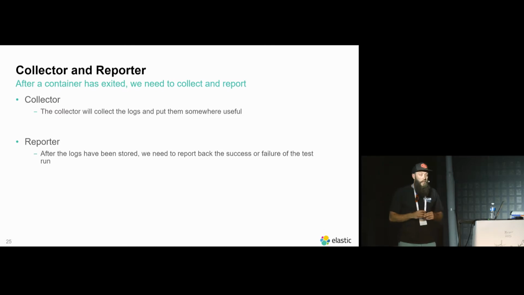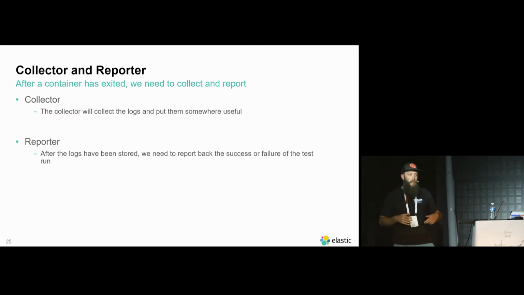And next, we need a way to collect and report on what happened with that container. Our collector is going to be something that can collect the logs, store the logs, and put them somewhere that's useful, whether you want to put them into, say, Elasticsearch itself, or create a JUnit XML for reporting in Jenkins.